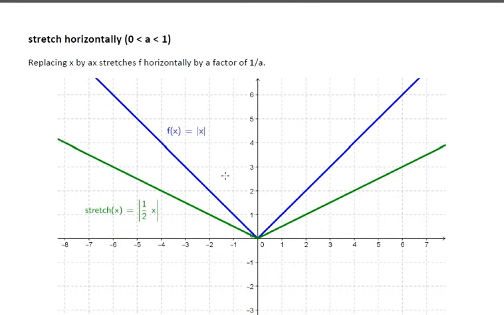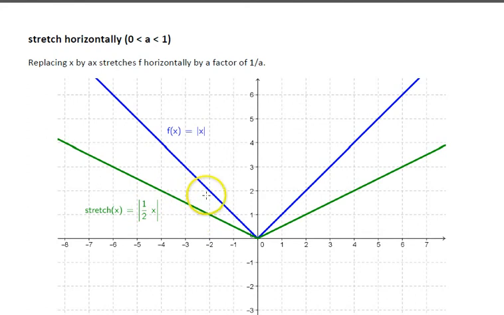These stretches and compressions also can occur horizontally. Our original function here, absolute value of x, and this time we'll take x, the independent variable, and replace it by a times x, where a is a fraction, 1/2 times x instead of x under the absolute value sign.